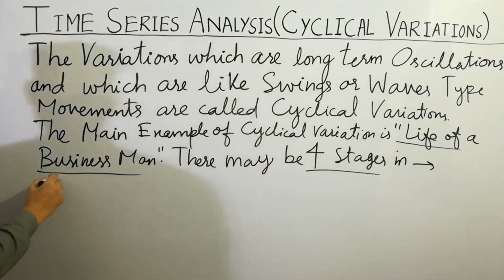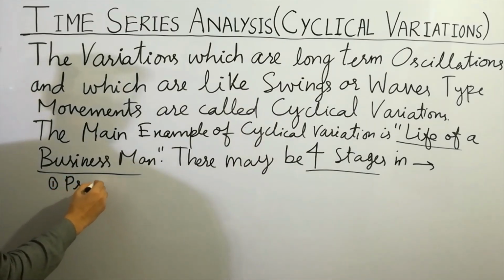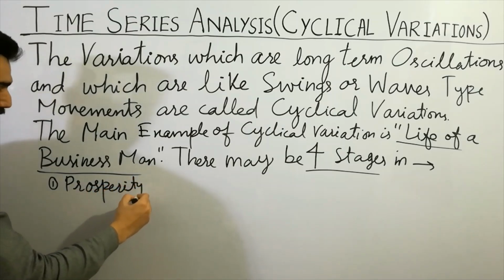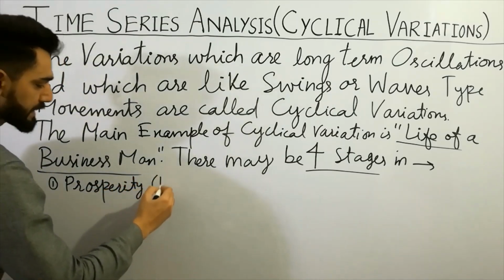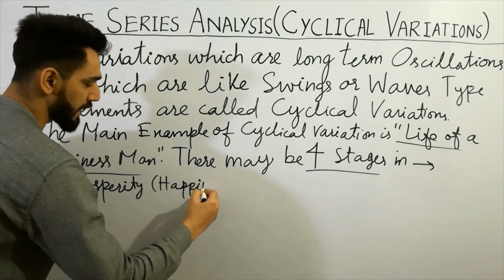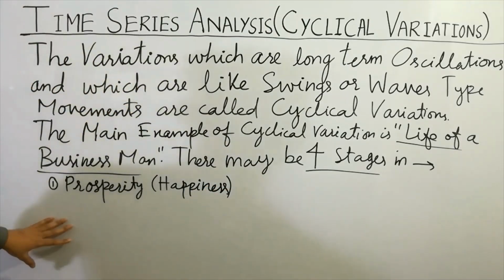Number 1, prosperity, or you can say happiness. Sometimes if a businessman gets more and more money, it will be prosperity and happiness.